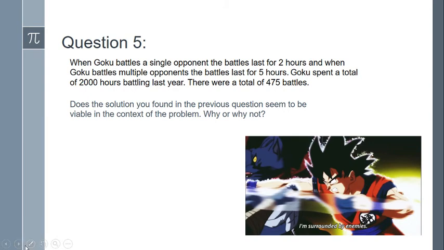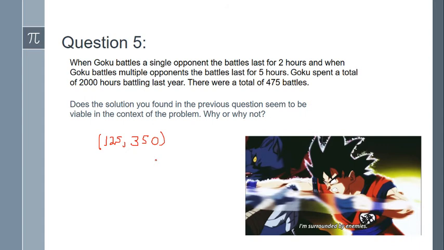All right, so does the solution you found in the previous question seem to be viable in the context of the problem? Why or why not? Remember our solution here was 125 and 350. Is that viable? So they're kind of asking, does it make sense? And in this case, I would say that yes, it does make sense.